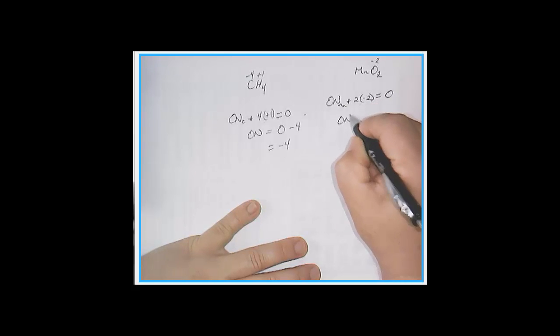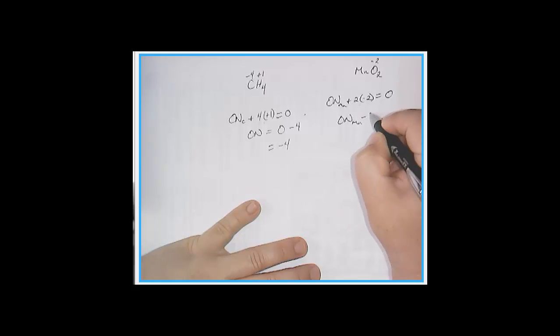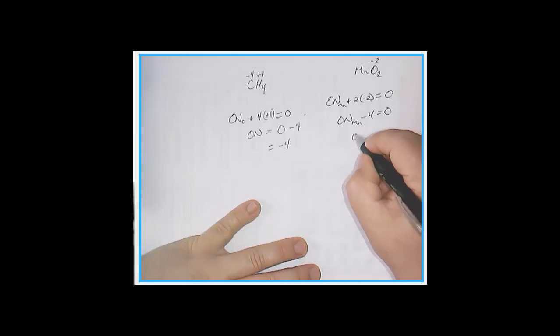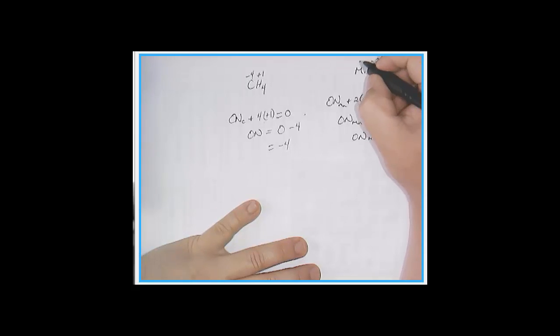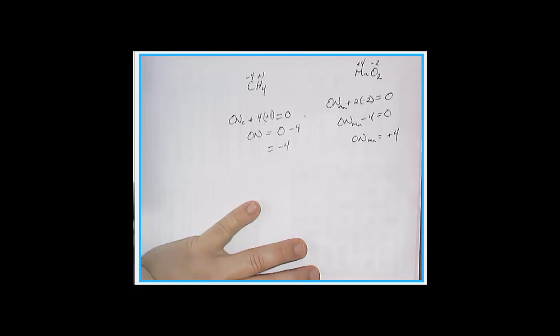So in this case, we have to add 4 to both sides. And so there we have it. The oxidation number for manganese in manganese dioxide is +4.